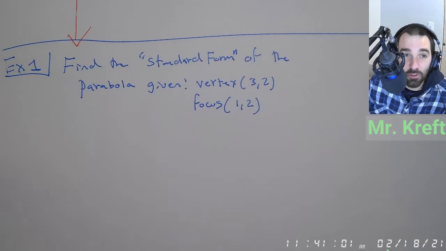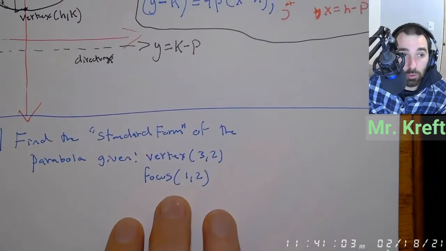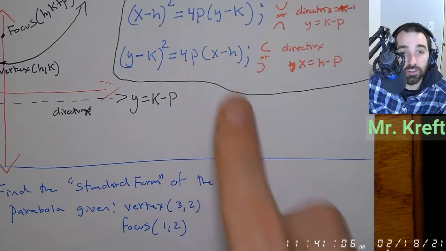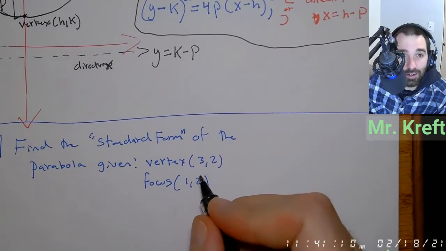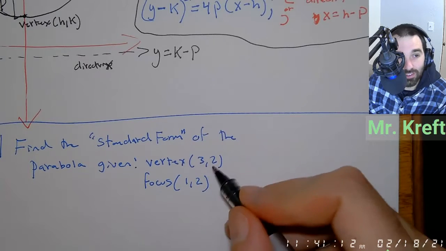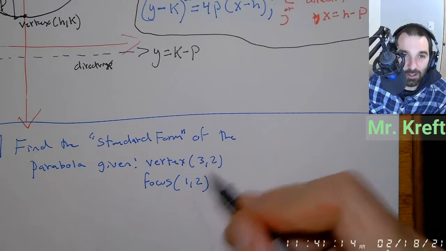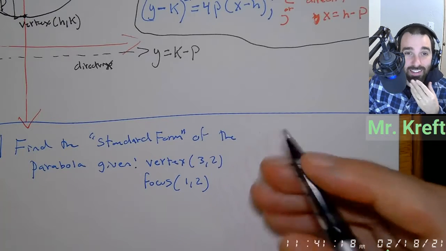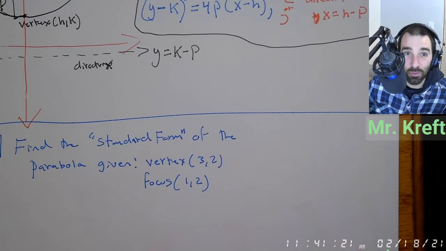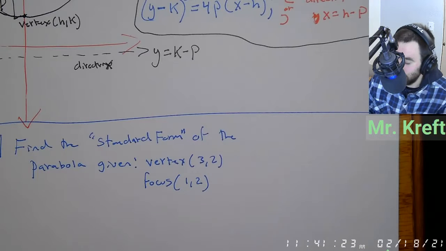So the first thing that we should do, because we have two equations, is figure out whether this is opening up, down, left, or right. If we take a look at our focus, notice how our focus has the same y value. So if it has the same y value, that means it's opening left or right. And these are just thinking problems.